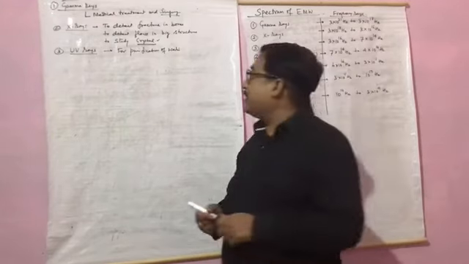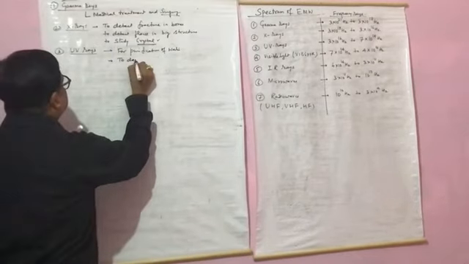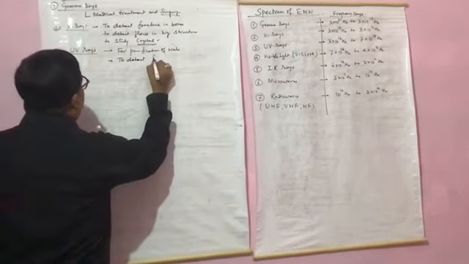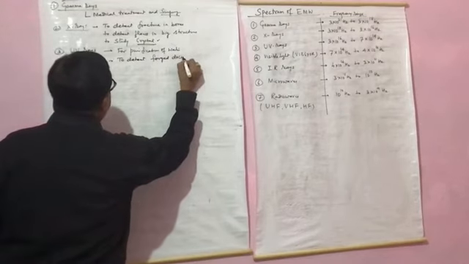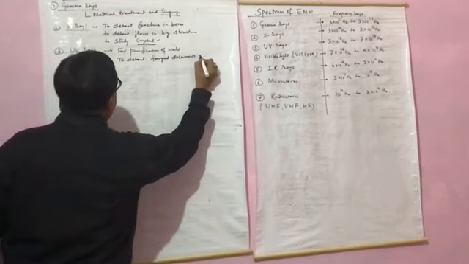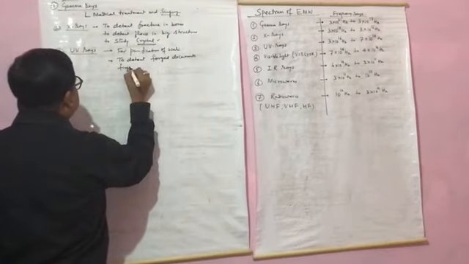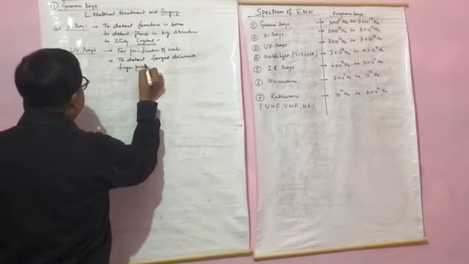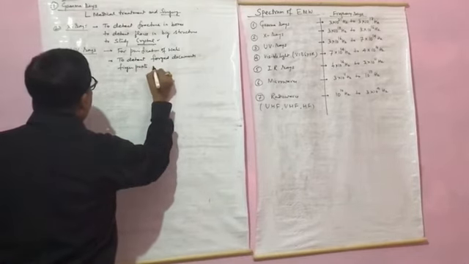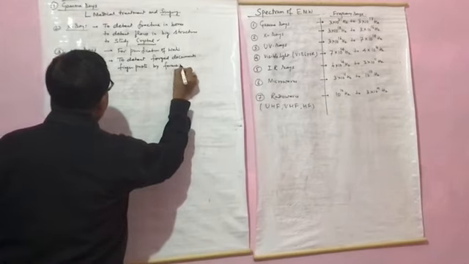So ultraviolet rays is used to detect forged documents, fingerprints, by forensic persons.